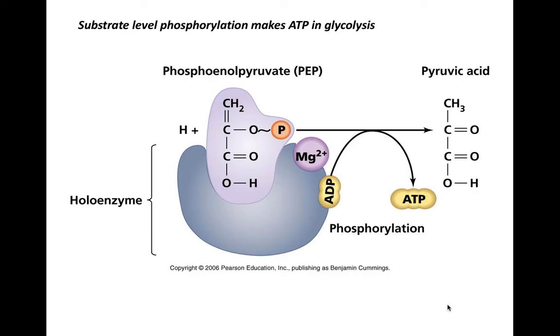We will see that this is really different from the process of oxidative phosphorylation that we'll see later when we start talking about respiration, in which a proton gradient is formed across a membrane by an electron transport chain. And then that proton gradient will be used to drive massive ATP synthesis by a cool enzyme complex called ATP synthase.